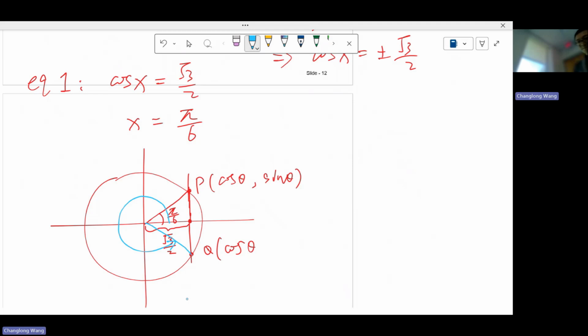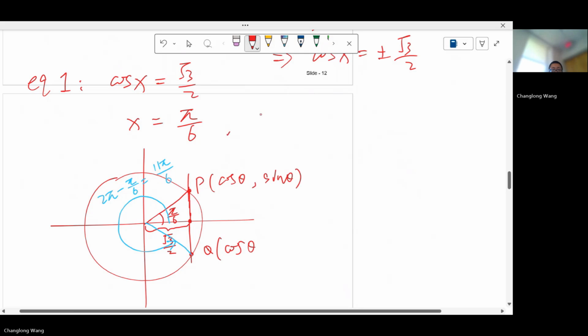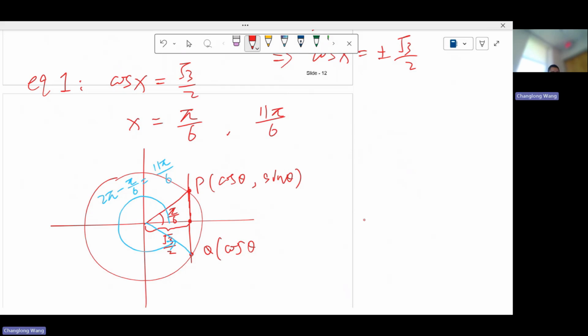That big angle will be 2 pi minus pi over 6, which works out as 11 pi over 6. Therefore, we're getting the second possibility, 11 pi over 6.